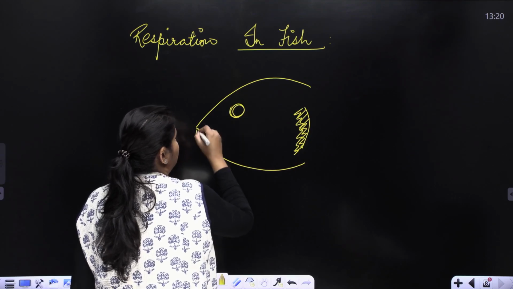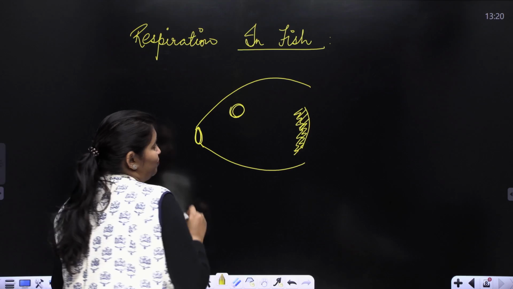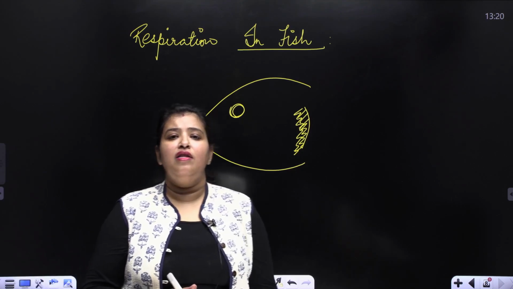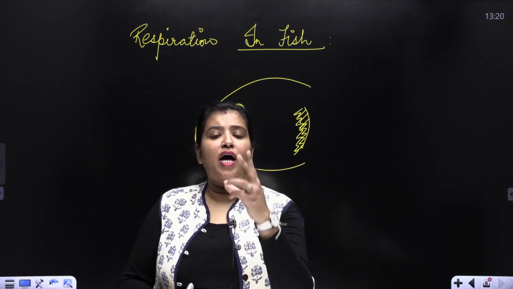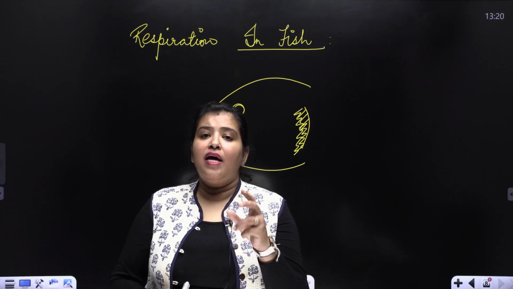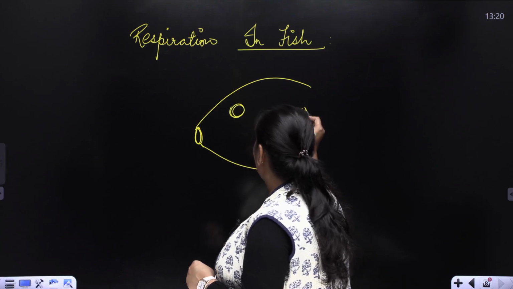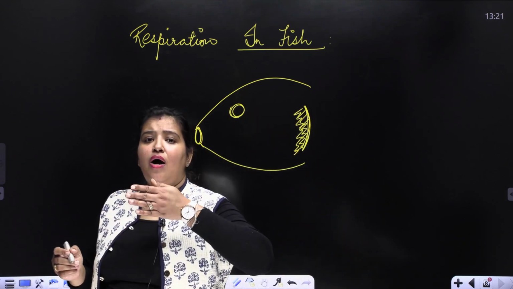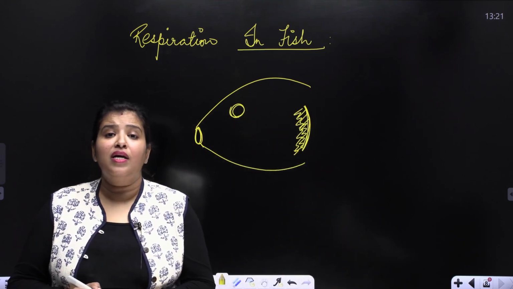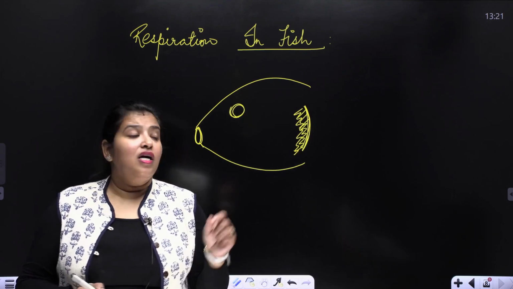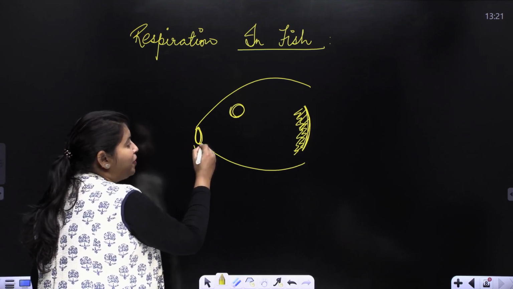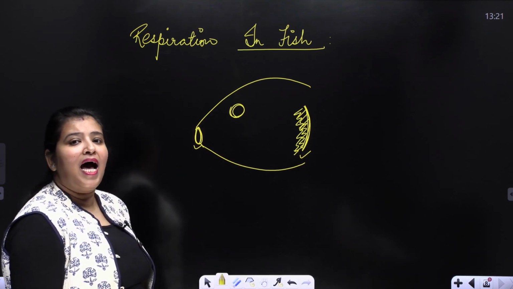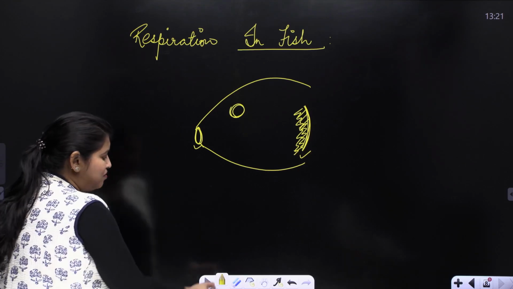This is the fish and this is the mouth. If you have observed a fish in the aquarium, you must have seen that the fish opens its mouth and closes it again and again. And along with that, a curved structure like this also keeps on moving out and in as if it is opening and closing. The number of times the fish opens its mouth, the number of times this curved structure also opens and closes. So what is the mechanism that is happening here?